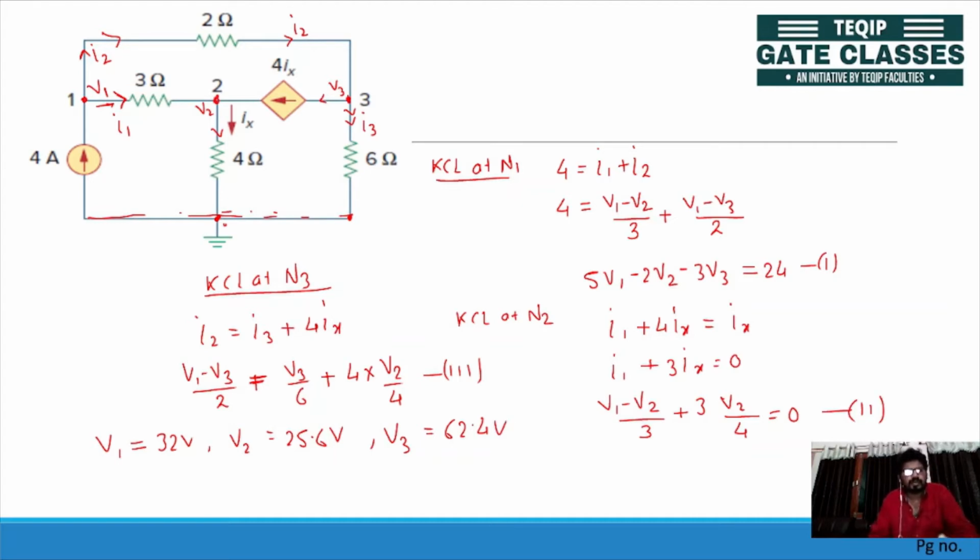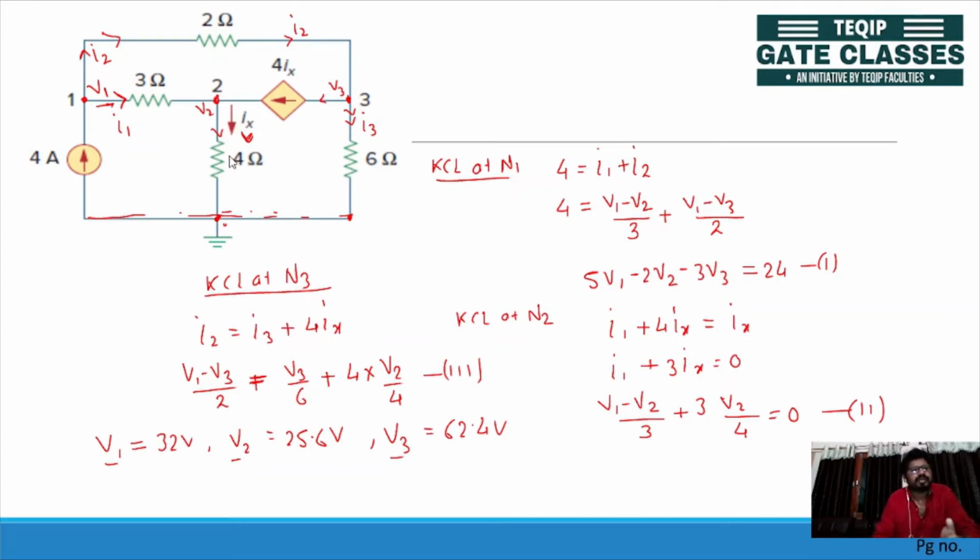So you can find anything with these node voltages. So if the question is like you have to find this current Ix using nodal analysis, you apply nodal analysis and you get the value of node voltages. Then your question is the current Ix.